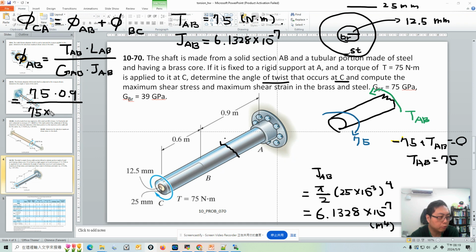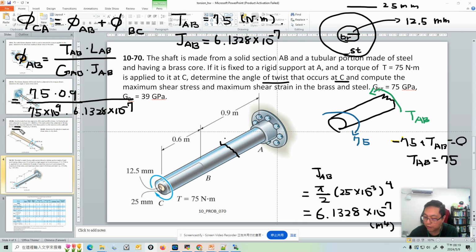So 75 times 10 to the power 9 times JAB, 6.1328 times 10 to the power minus 7. So you will find phi AB. What's the value of this?